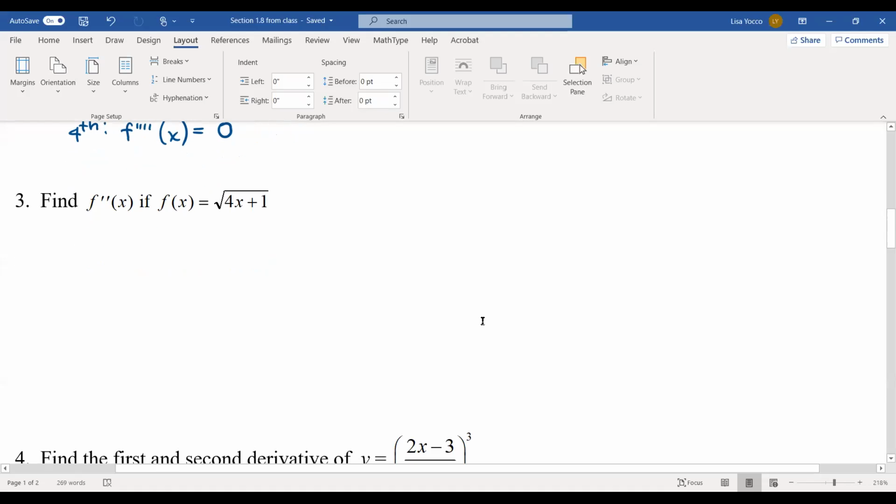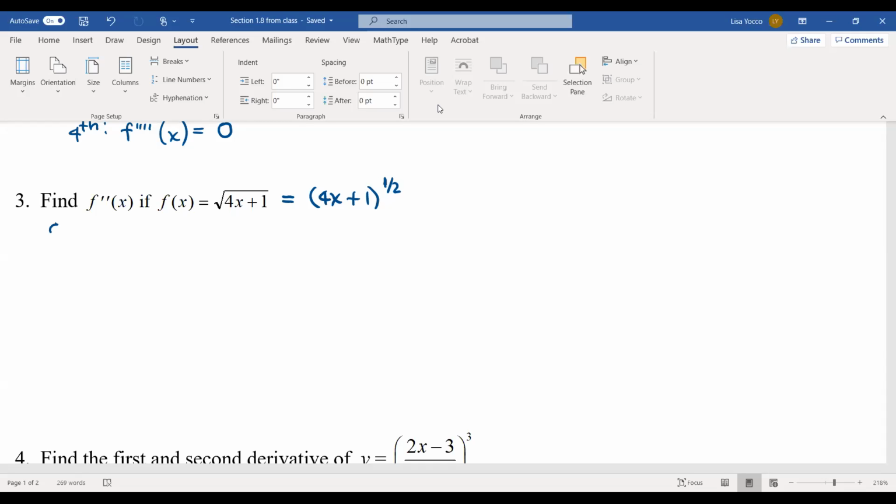For problem 3, it says find f double prime of x, so that's the second derivative. Remember, for my radical, I do have to rewrite that without a radical. So that's 4x plus 1 to the 1/2.